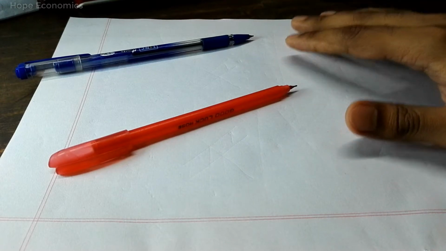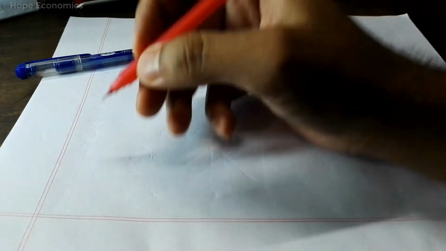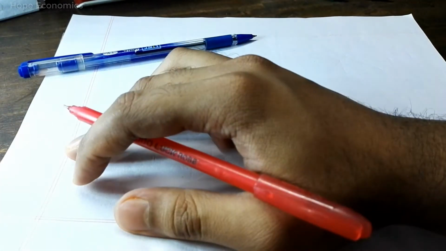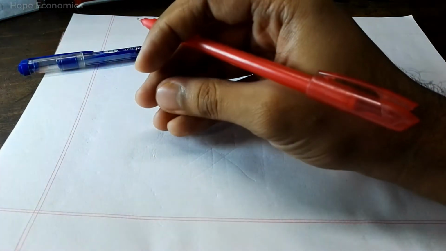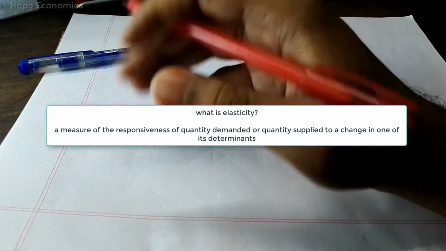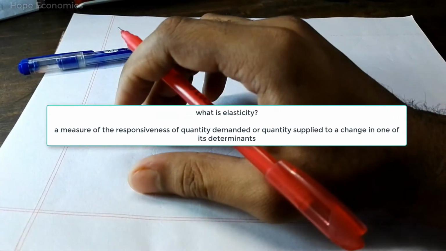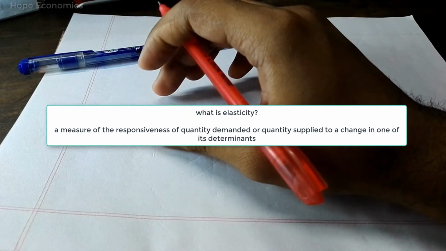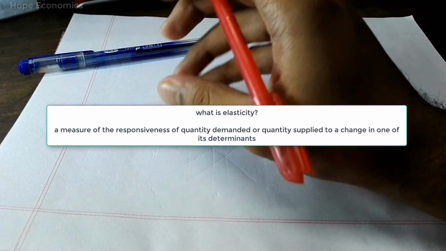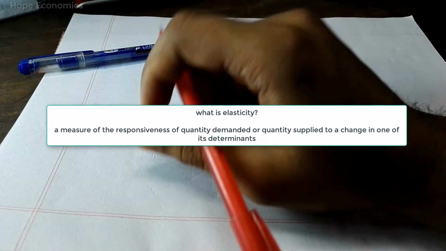So first, before we go deeper, let's see what elasticity is. Elasticity is a measure of responsiveness of quantity demanded and quantity supplied to a change in one of its determinants, price.